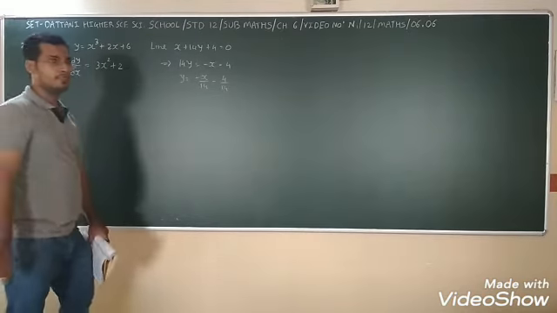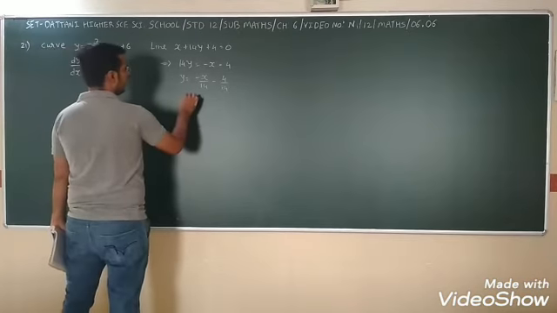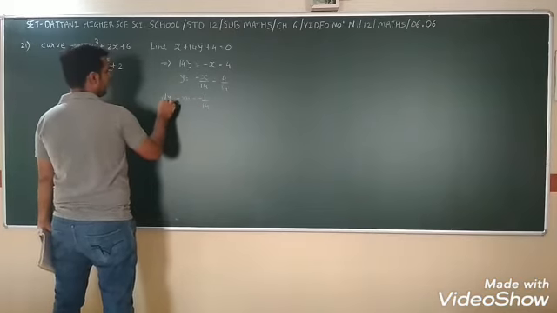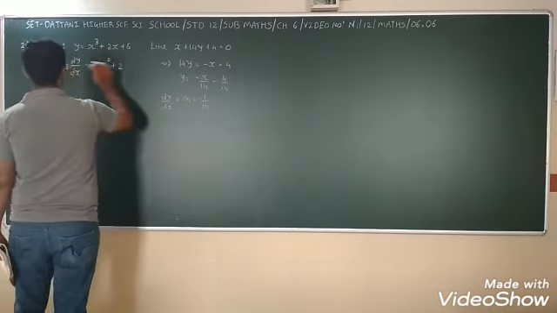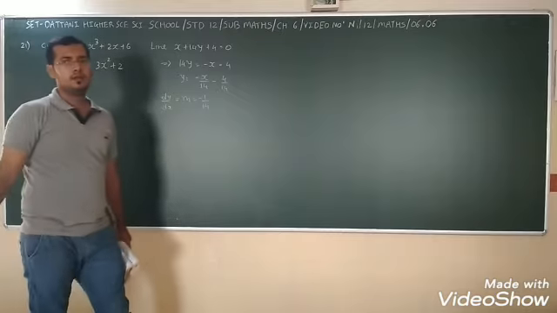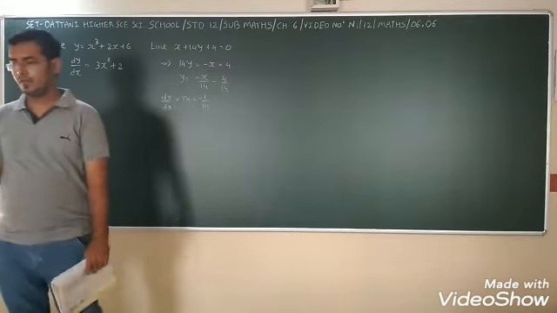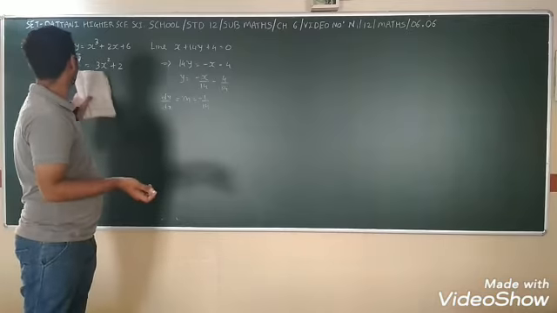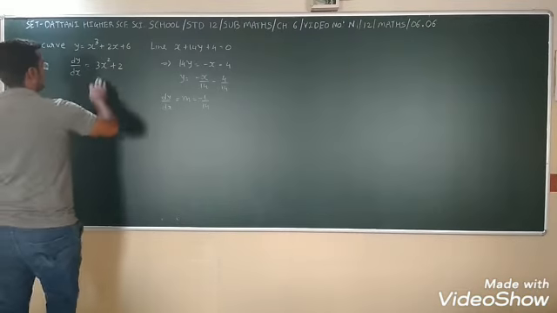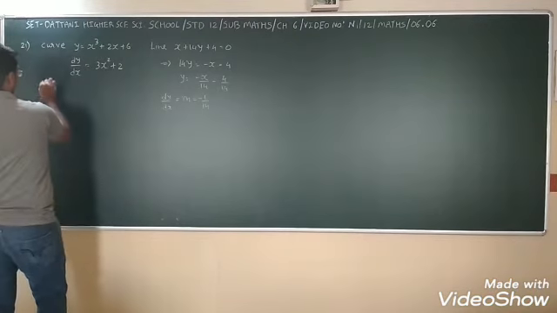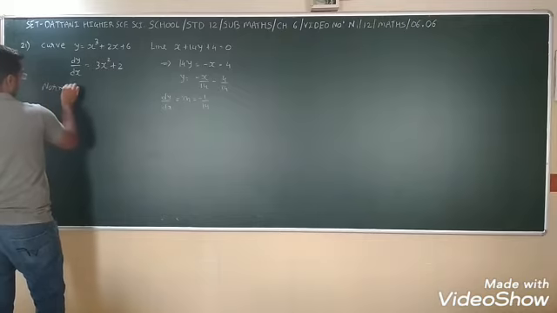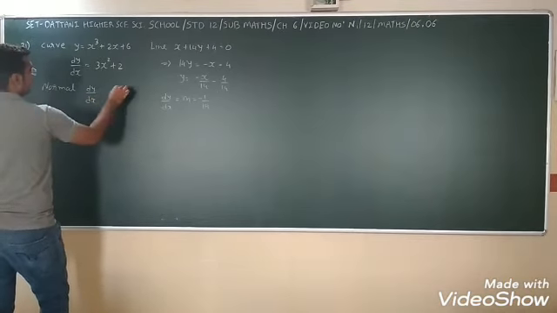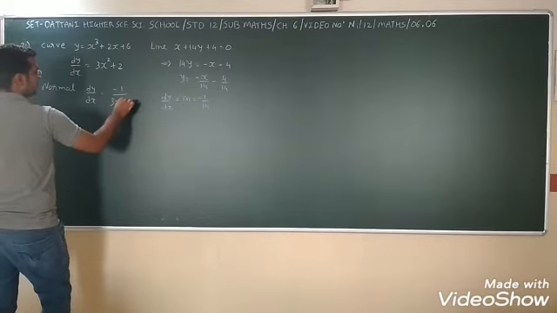So y is equal to mx plus c, so you get here m is equal to minus 1 by 14, where m means dy by dx. Here you are taking the normals. For the curve, dy by dx is 3x square plus 2, so for the normal you get dy by dx is equal to minus 1 upon 3x square plus 2.